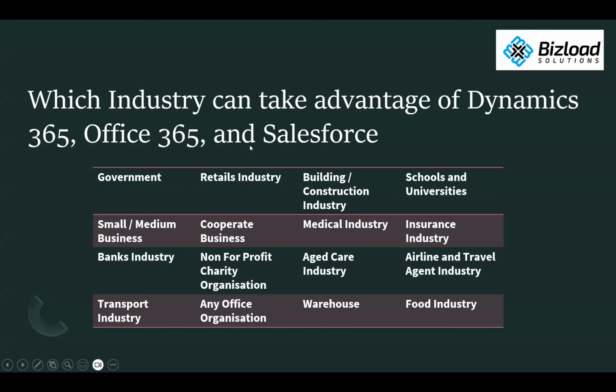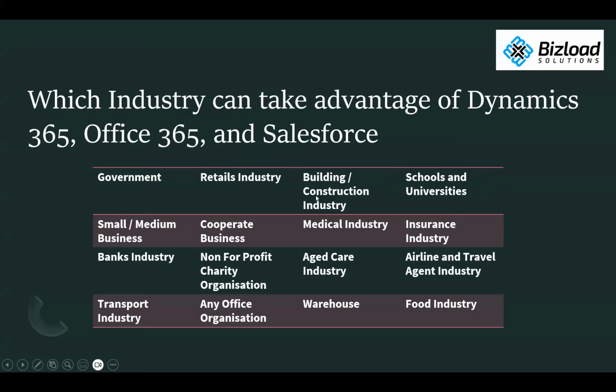Which industries can take advantage of Microsoft Dynamics 365, Office 365 and Salesforce? We have government departments. A lot of government departments use Dynamics 365, it's highly used. Retail stores can use it as well.